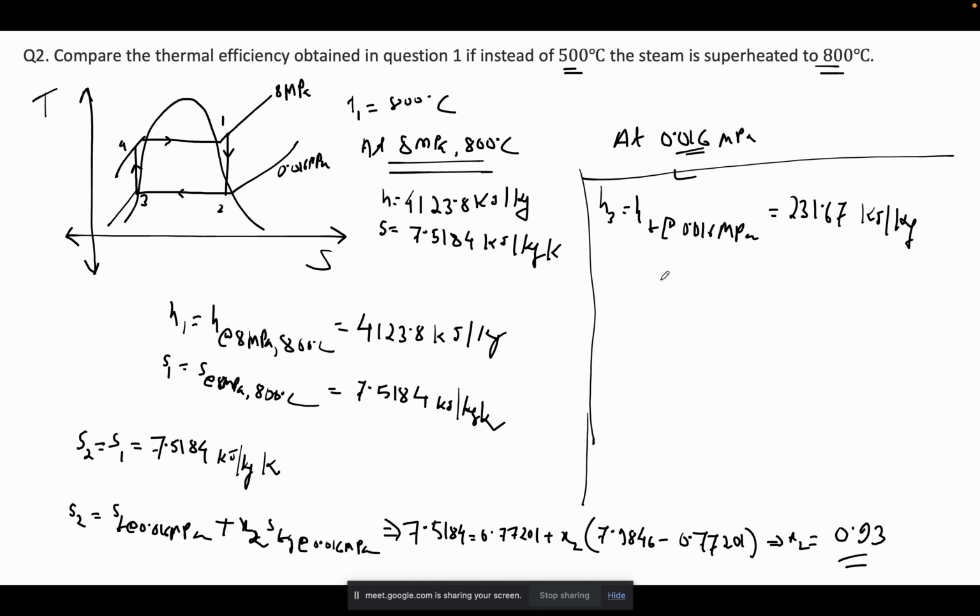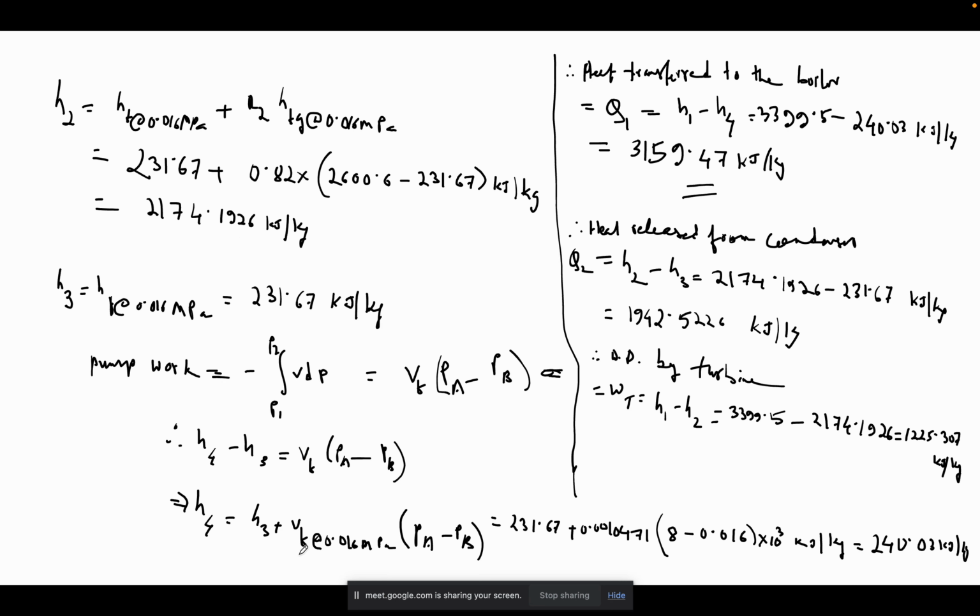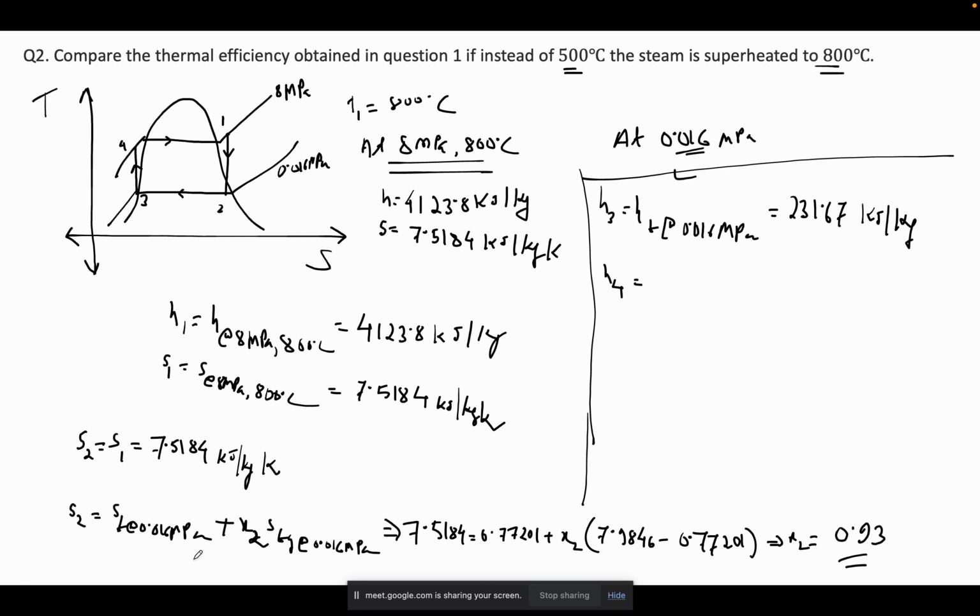Because we do H4 minus H3 and we use eta F and P and C, these are not changing, isn't it? So my H4 will remain the same as the previous question, 240.03 kilojoule per kg. Is it clear now? We have got all the H values, only points 1 and 2 change.